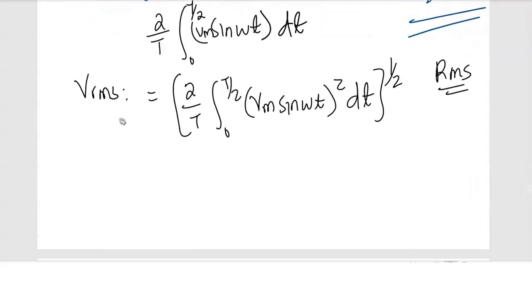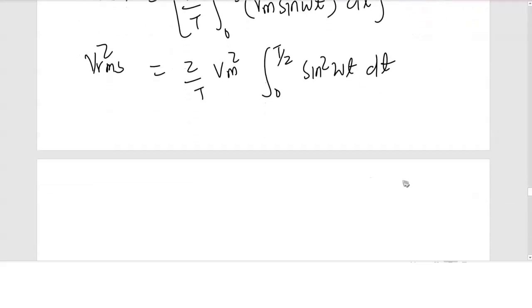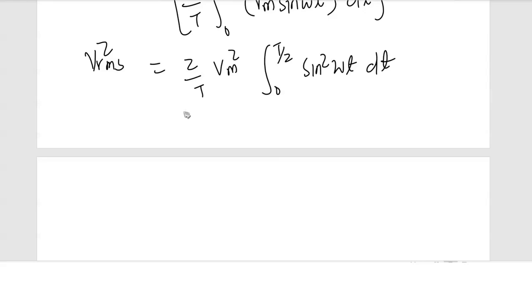Now, if I square both sides, I'll have VRMS squared equal to 2 over T Vm squared, integrating from 0 to T/2 of sine squared omega t with respect to t. If I remember the first law of trigonometry, I know that sine squared omega t plus cos squared omega t is equal to 1.